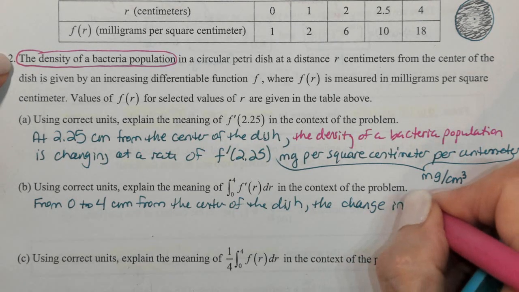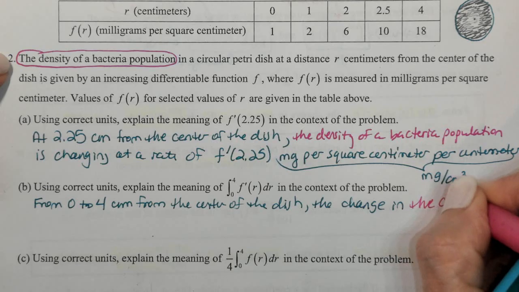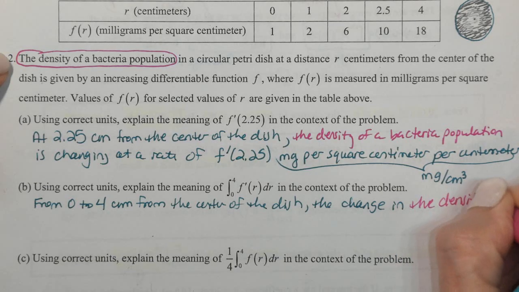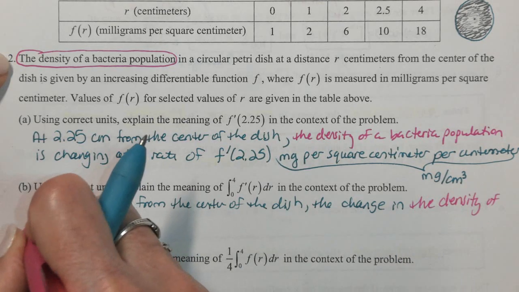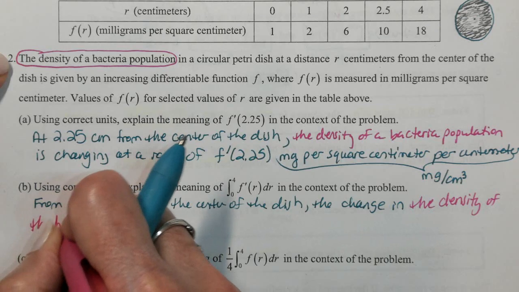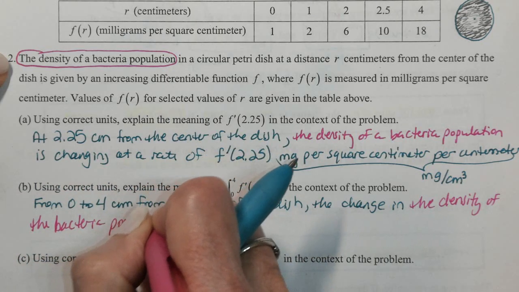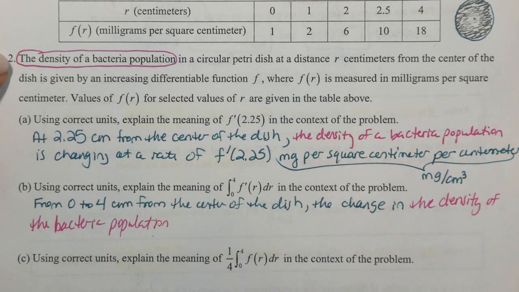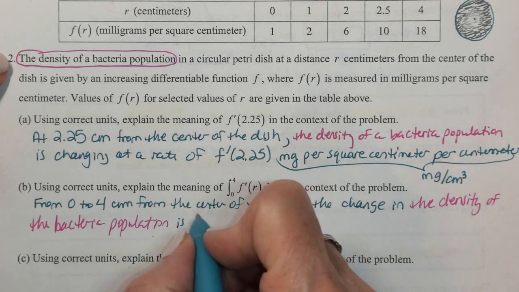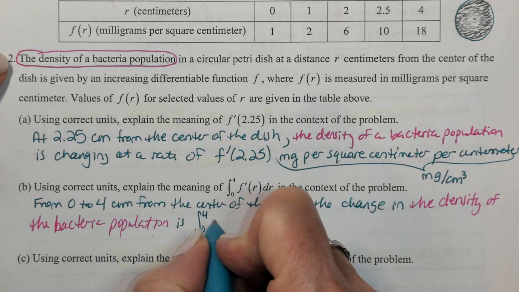The change in the density of the bacteria population is, not is changing at a rate of, it's just is, this integral expression.